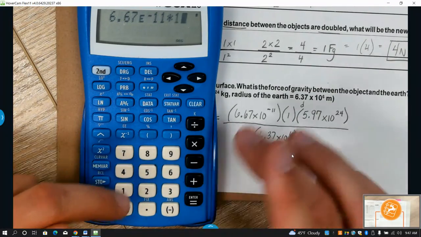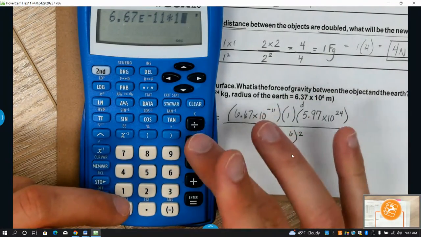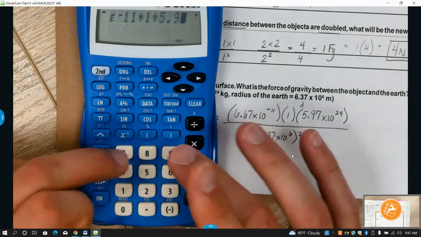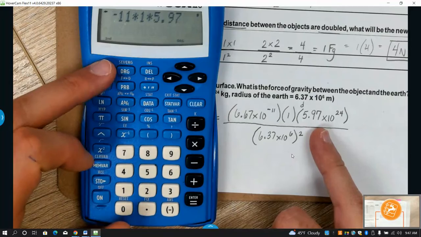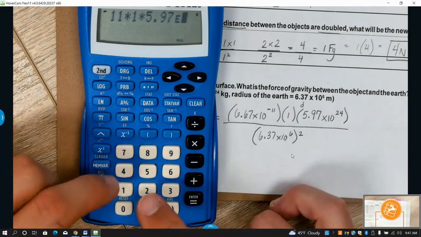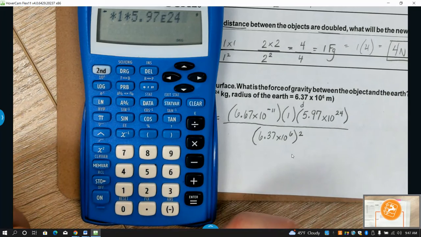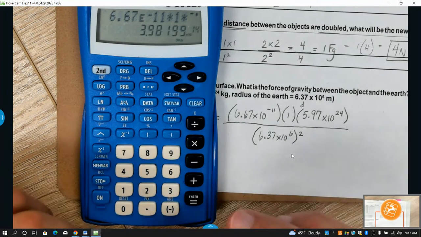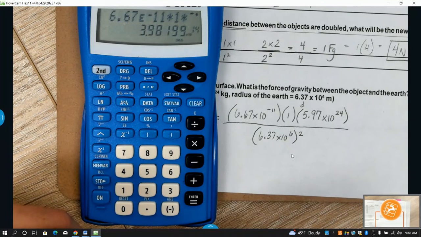After you're good with that one, you can go on to the next value. In this case, it's just 1. Then times, again, 5.97. You want to hit the second E function here to the 24th. Then hit equals, and you should get a value here of 3.98199 times 10 to the 14th.